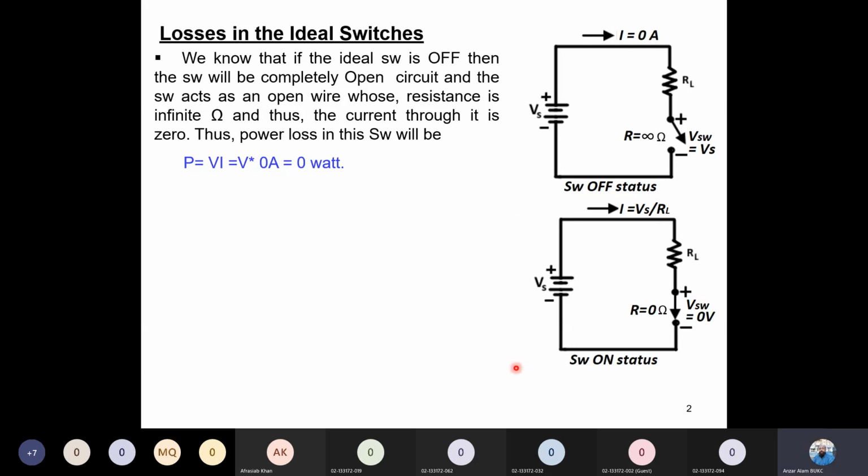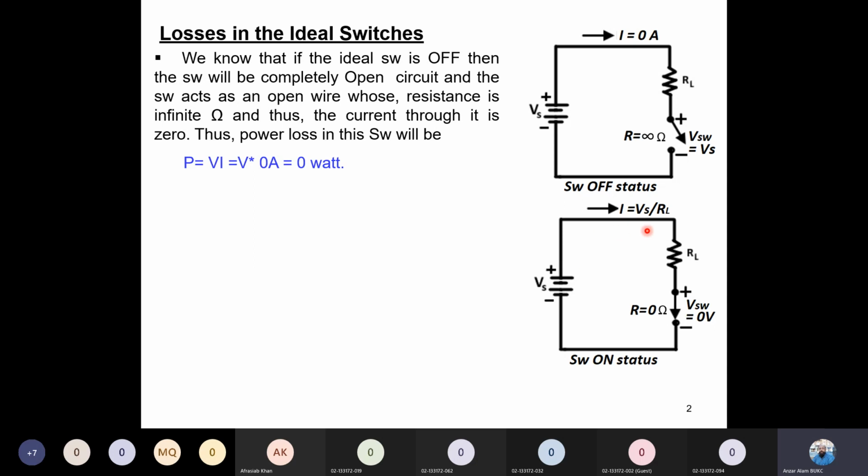Now for the on state, remember this is only for the ideal switches. In the on state, we know the switch is a conductor, so the resistance is 0, the voltage across it is also 0, and the current is maximum. How do we calculate the current?